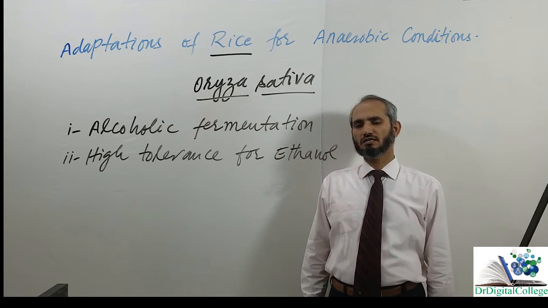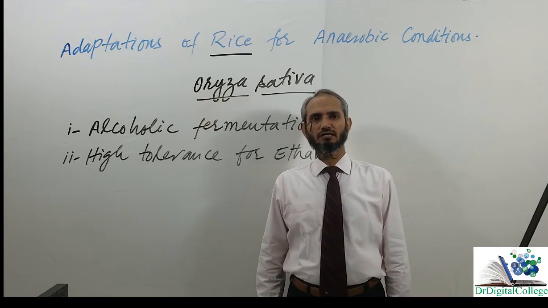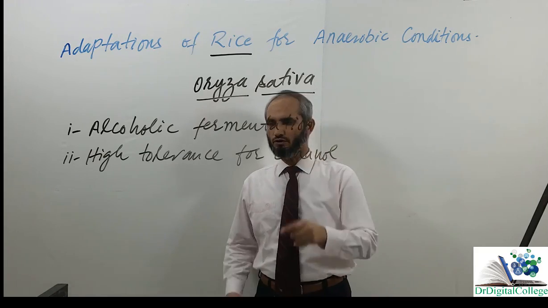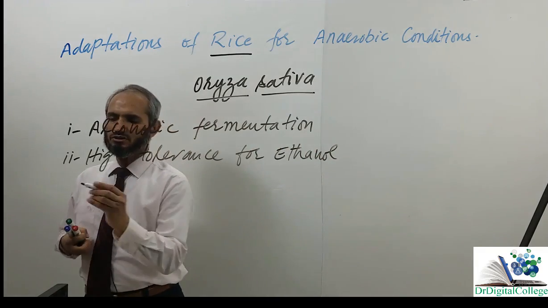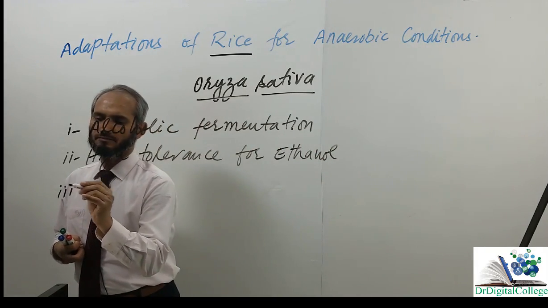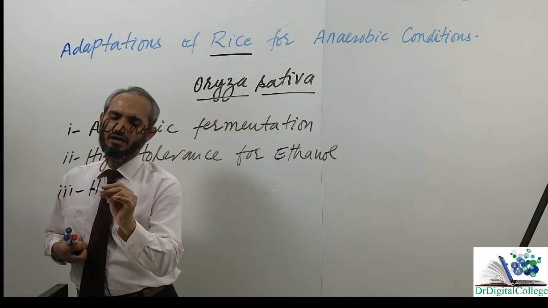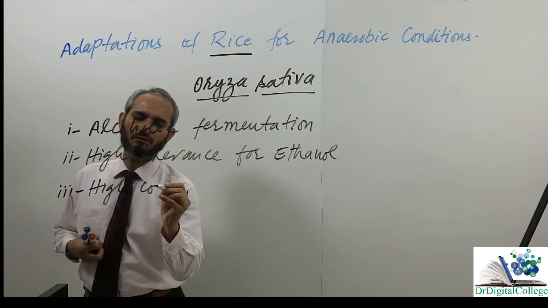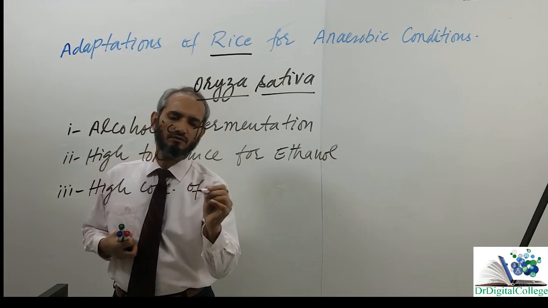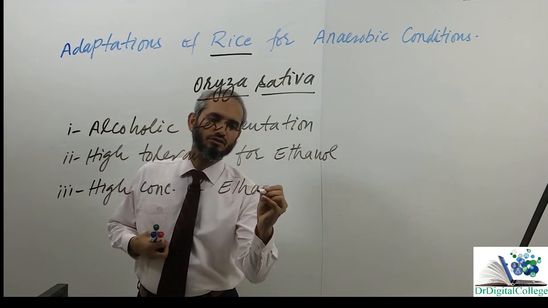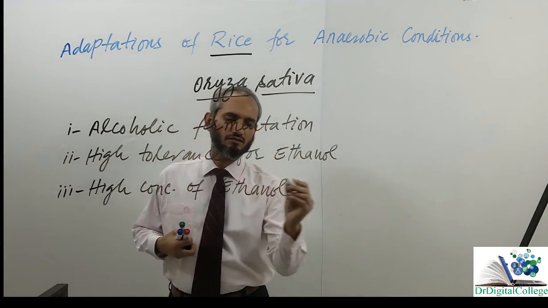So the cells of roots of the rice have high tolerance for ethanol. And number three, they have a high concentration of ethanol dehydrogenase.